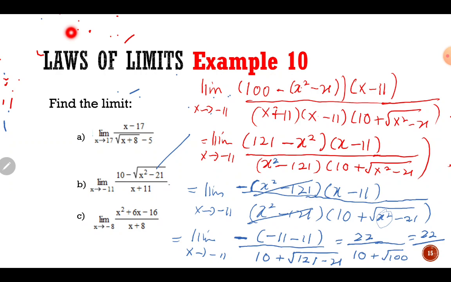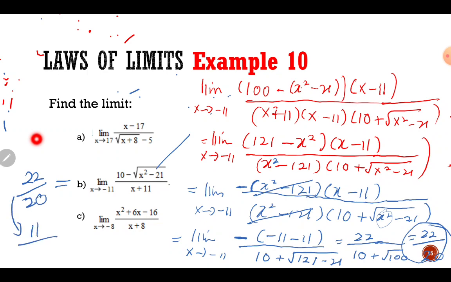Okay, so square root of 100 mestilah 10 kan, 10 darab 10 kan 100, tambah 20. Okay, so ini adalah jawapan akhir kita untuk B, 22 per 20, or is equivalent to 11 over 10.